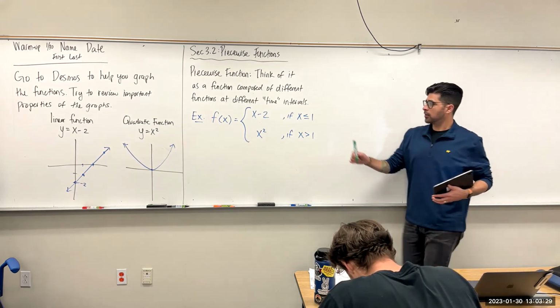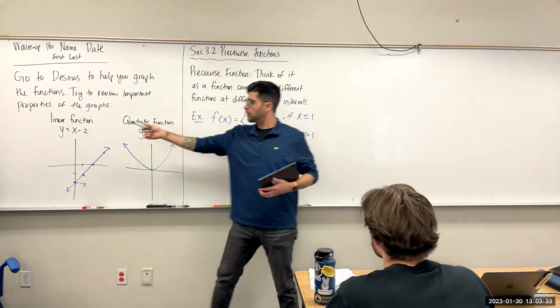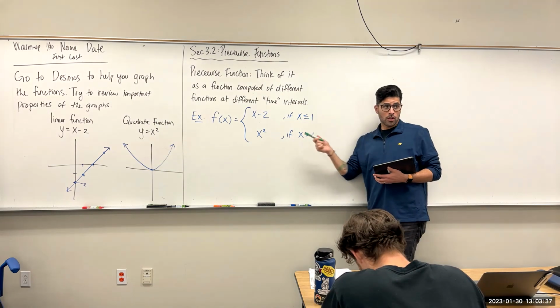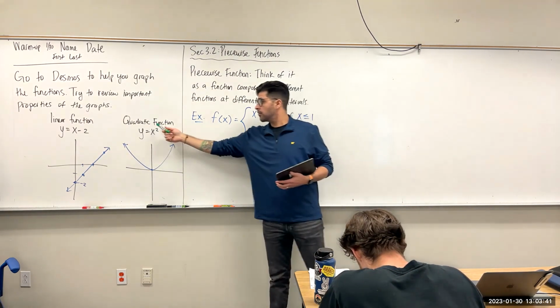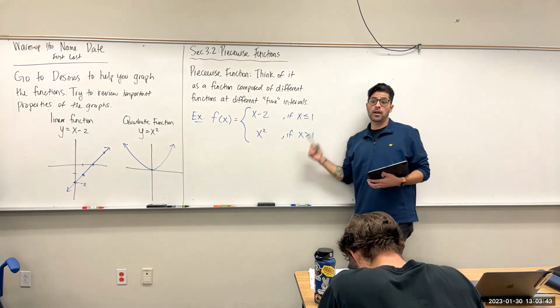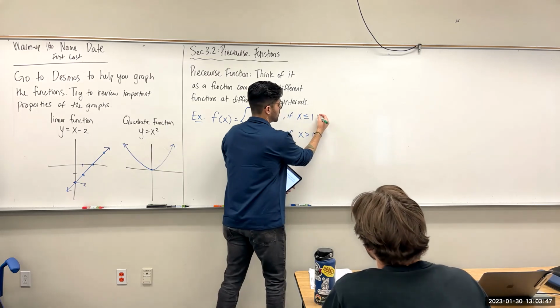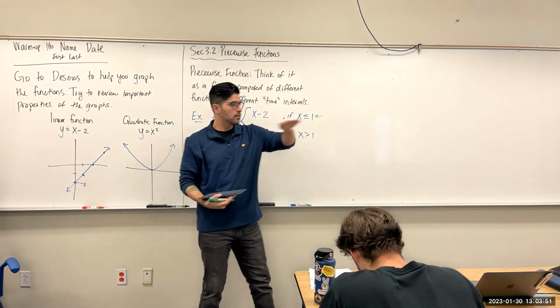And so what I'm doing is I'm making a function that behaves like the linear function, but only for x intervals 1 or smaller. And then I want it to behave like the quadratic function for x values that are greater than 1. Okay? Now, if I think of the intervals for this, think of the x-axis.